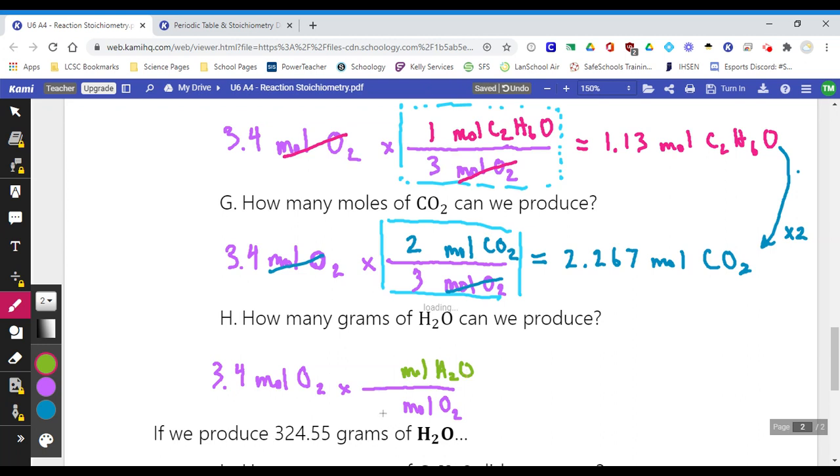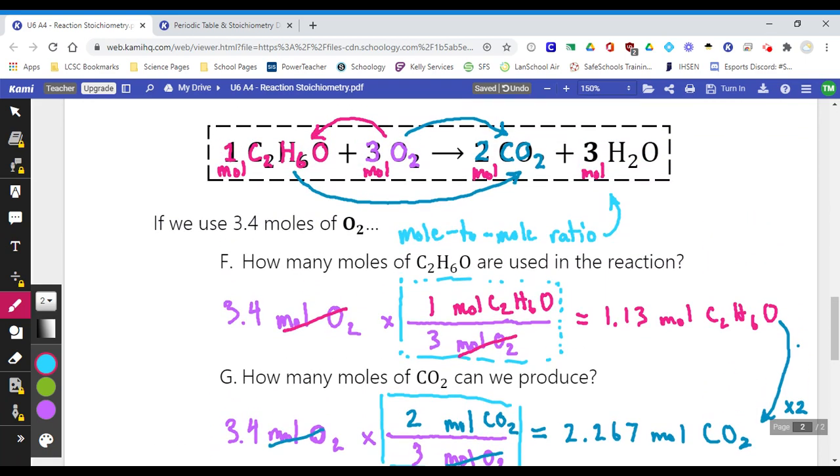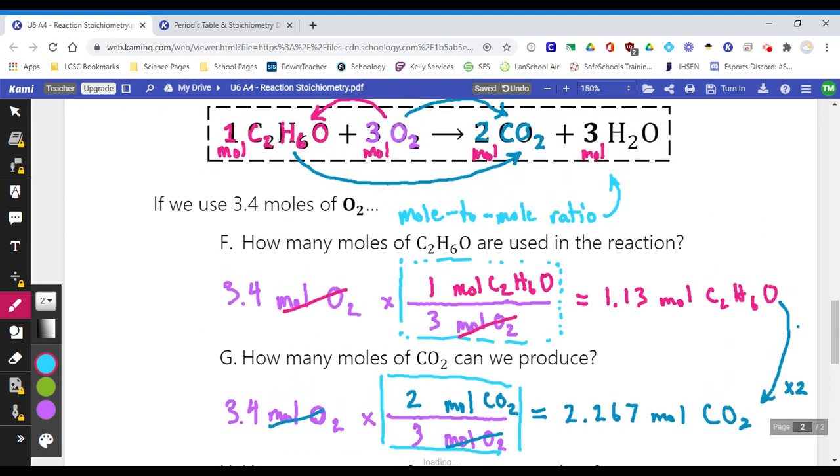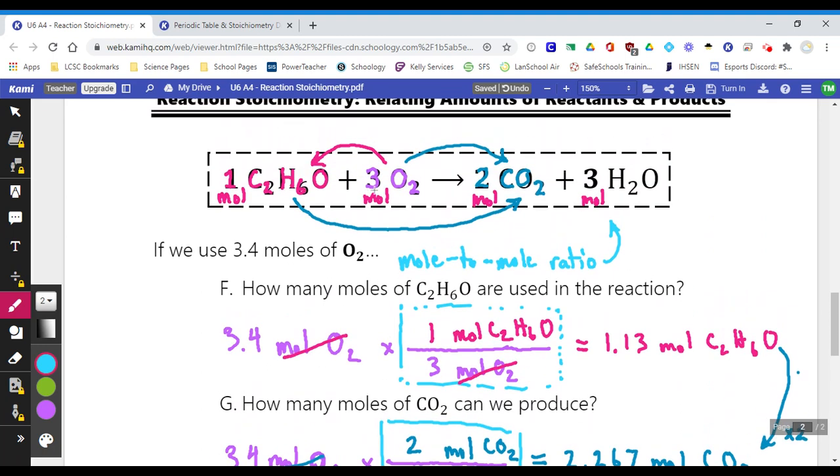This conversion factor is asking me, what's your mole to mole ratio between O2 and H2O? So I go and look at the balanced reaction equation, where I can be 1 with moles. For 3 moles of O2, I should be able to make 3 moles of H2O.